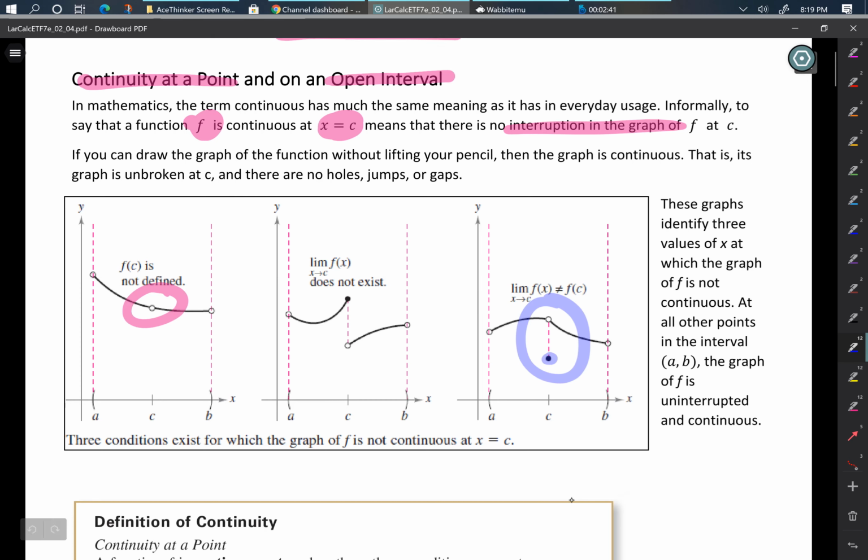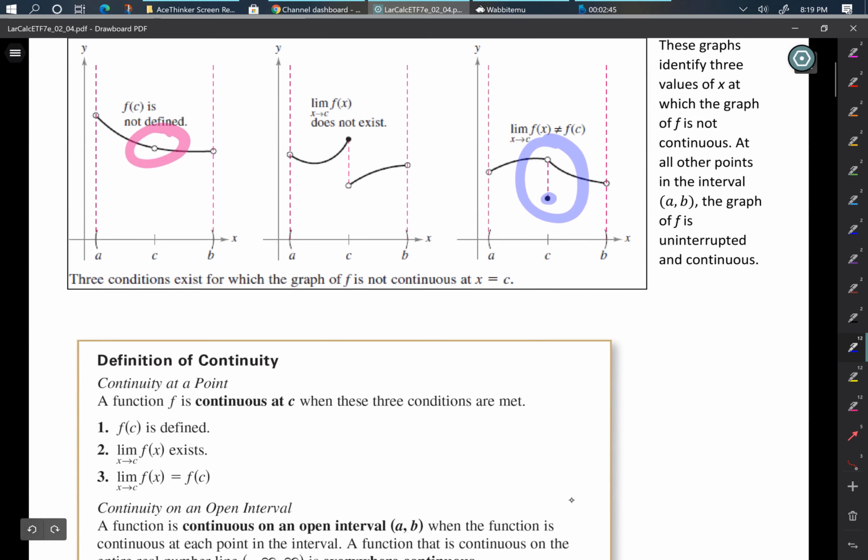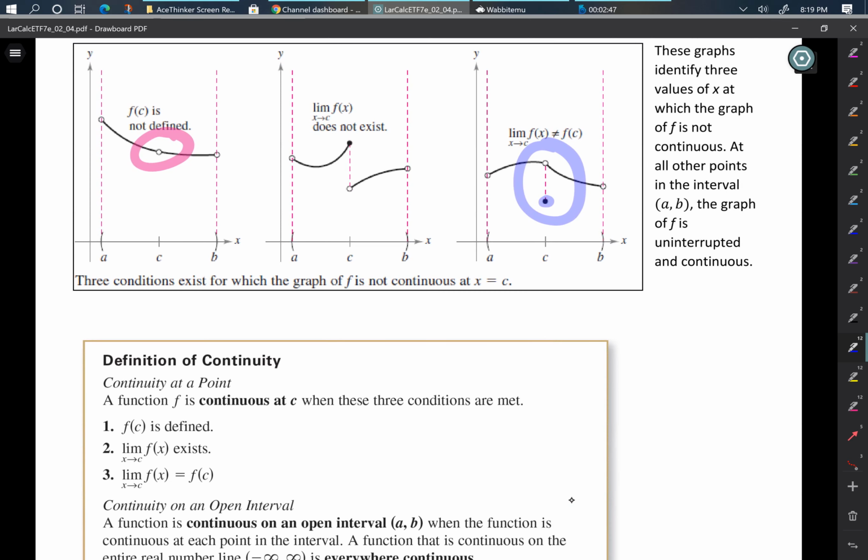Okay? So let's take a look at the definition mathematically of continuity and see why each of these pieces fails our mathematical definition. Not just the quick and dirty, there's a hole or there's a break. For a function to be continuous at a value c, there are three conditions that must be met.